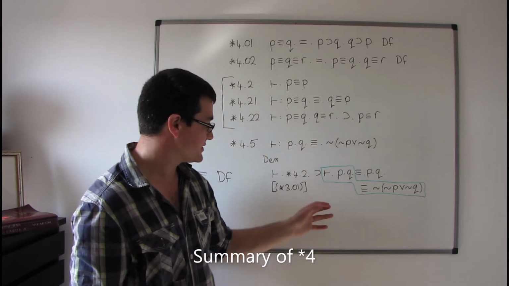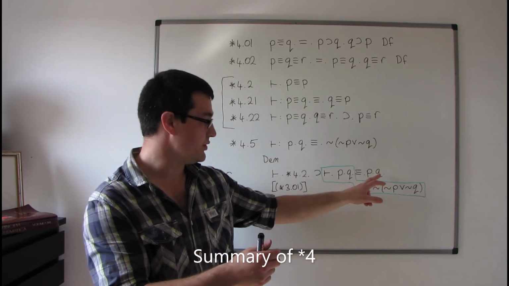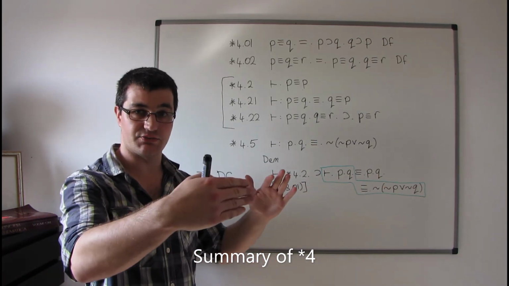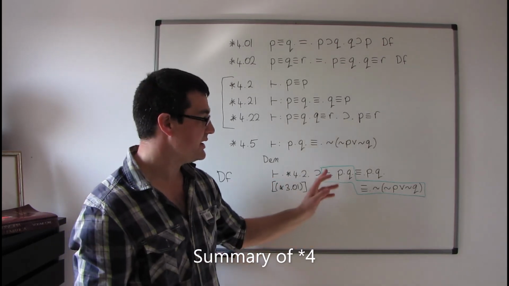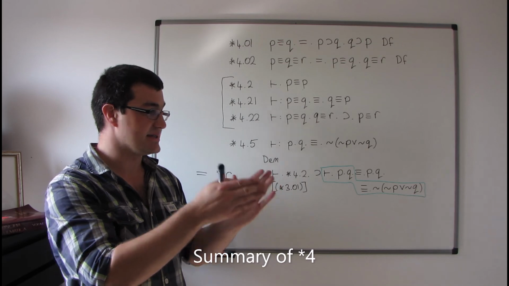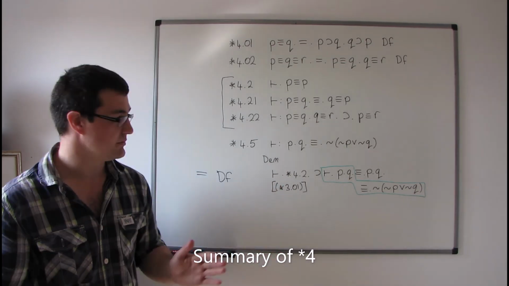So let's say I had P implies Q is equivalent to P implies Q here, then one of the sides I just replace with the definition from 1.01, and I get P implies Q is equivalent to whatever the definition is, not P or Q, for instance.